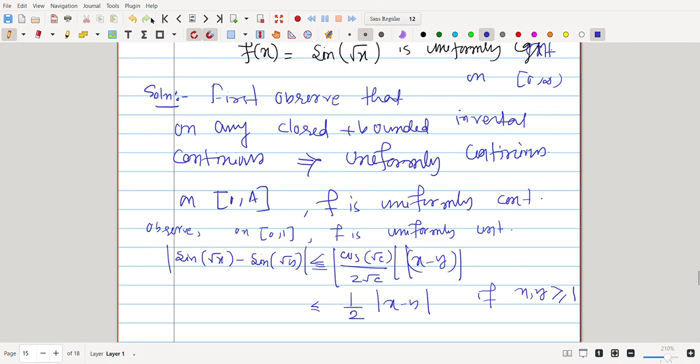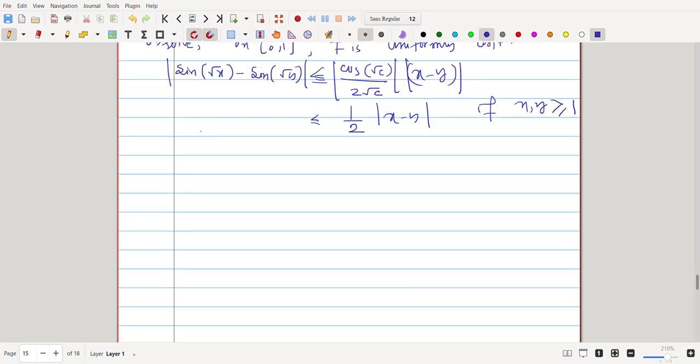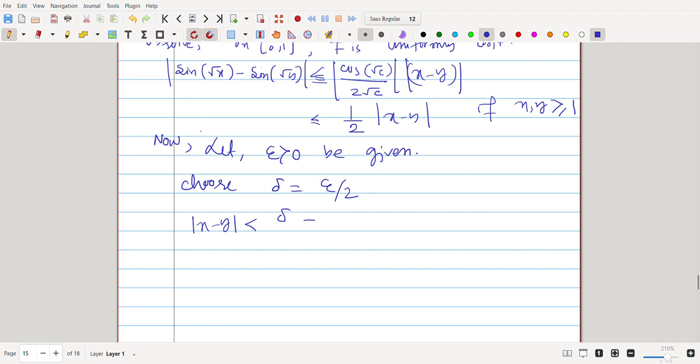Now let epsilon greater than 0 be given. I need to choose a uniform delta that will work for any x and y, right? So choose delta equal to epsilon by 2. Then |x minus y| less than delta implies half times |x minus y| less than epsilon by 4.